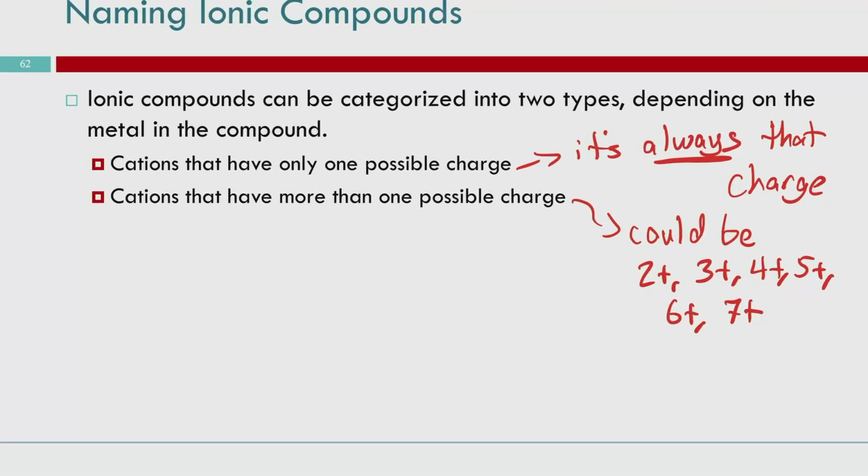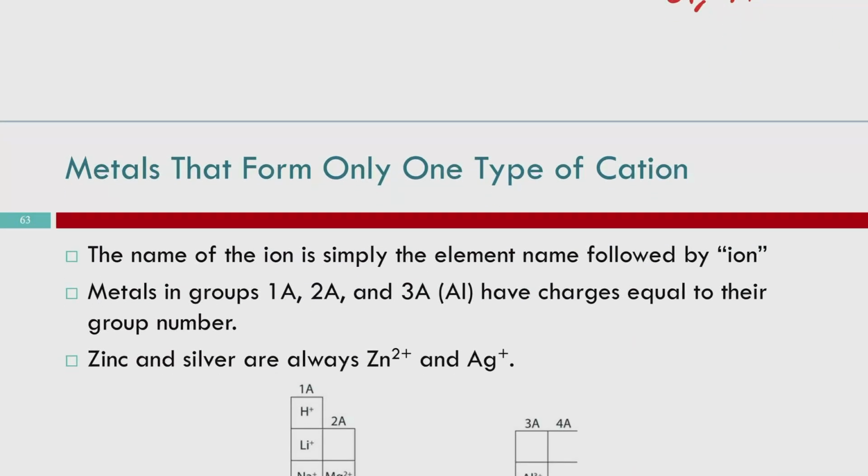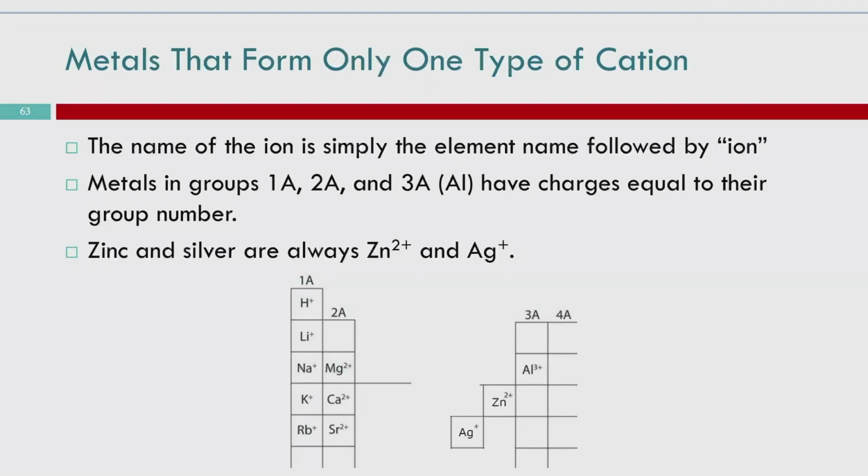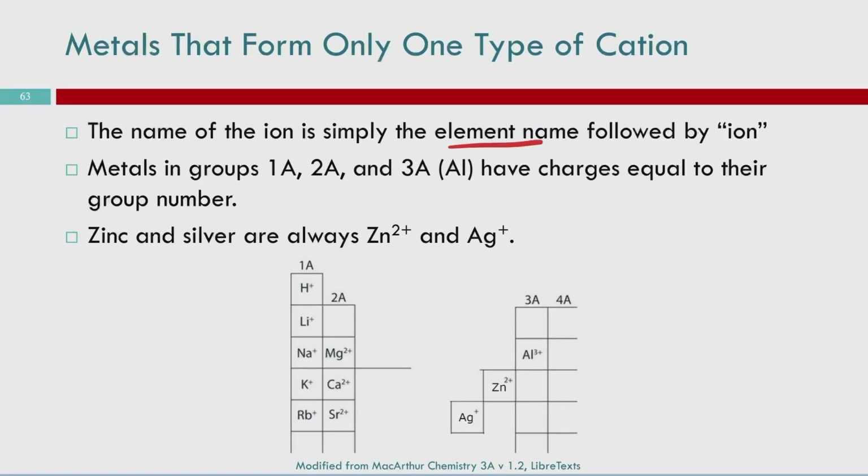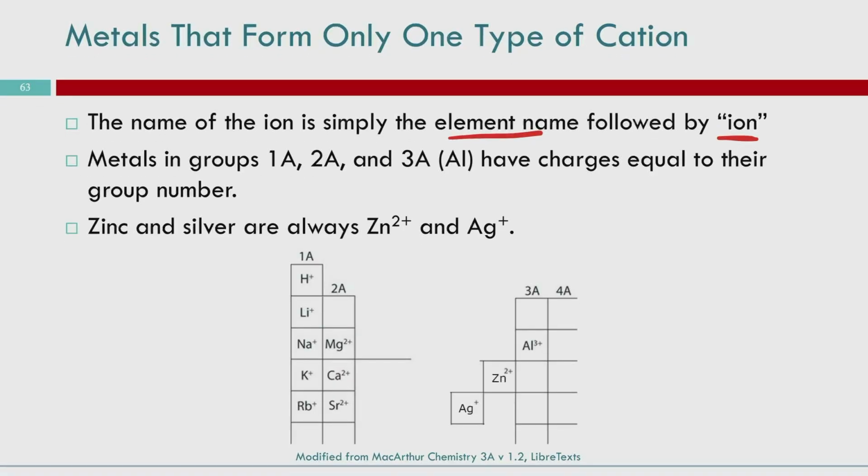So talking about the simpler one first, it's always that one charge. The name of the ion is the element name followed by ion. So for example, lithium, Li+ is the lithium ion.